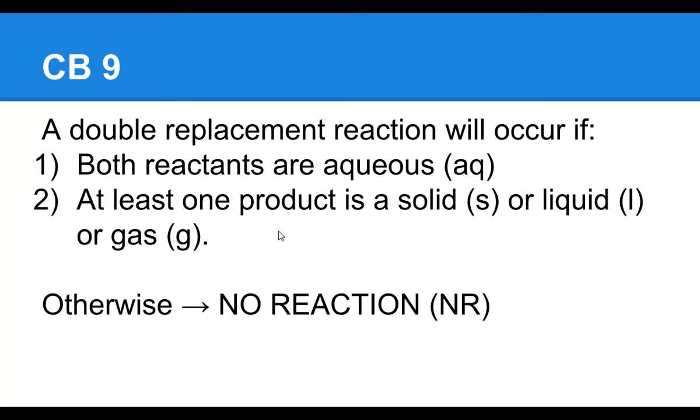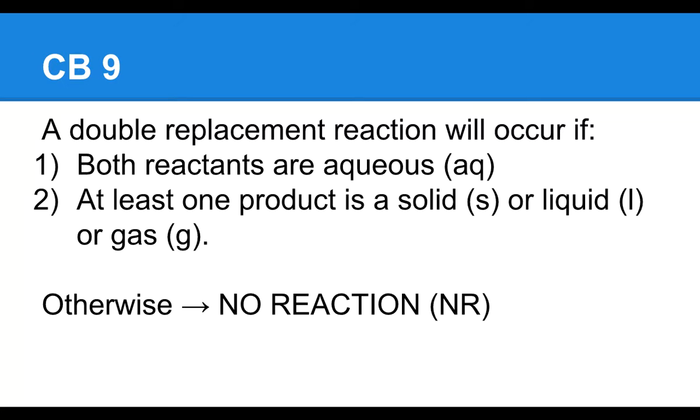Now, a double replacement reaction will only occur if, number one, both reactants are aqueous. So they must be aqueous. How are you going to know? You're going to look them up on the solubility table and determine whether they are soluble, which means they would be aqueous, or insoluble, which would mean they would be a solid. Number two, at least one of the products has to be a solid, or it could be a liquid, or it could be a gas.